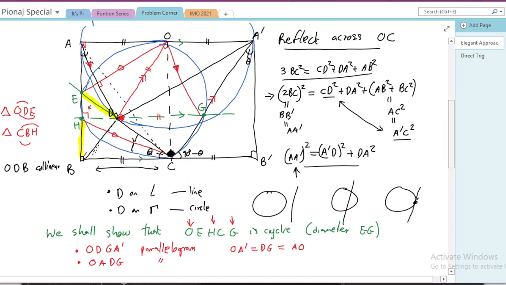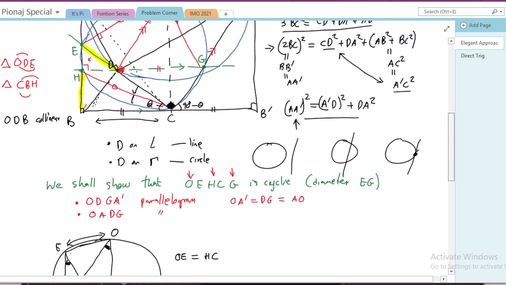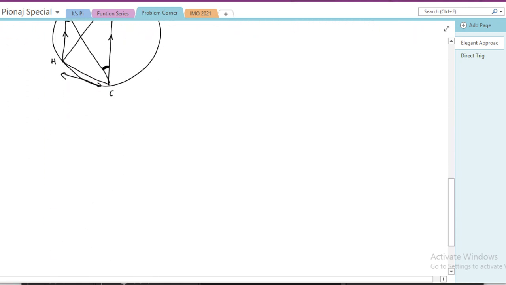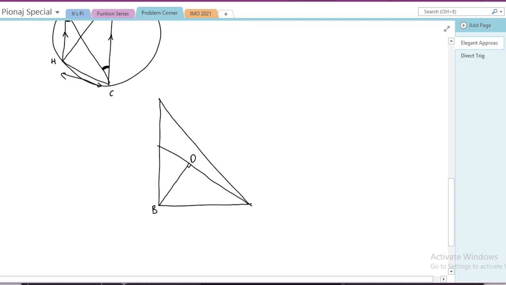Okay, so the ratios will be based on theta. So I'll pull that section of the triangle out. We have this, and so this is 90 degrees, because this was collinear with O right there.